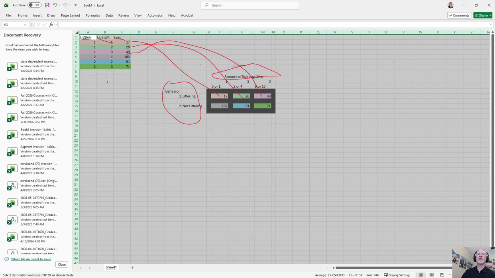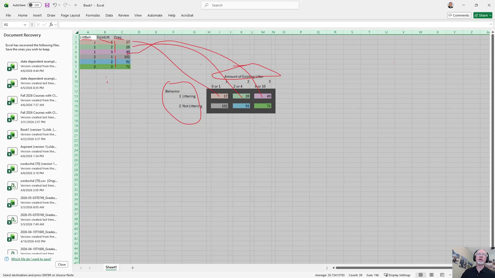And then we're going to put in the frequency, that is the count, the number of people who were observed littering. And so you end up getting these rows that are showing you the 3 levels of existing litter, 1, 2, and 3, and then repeating 1, 2, and 3.